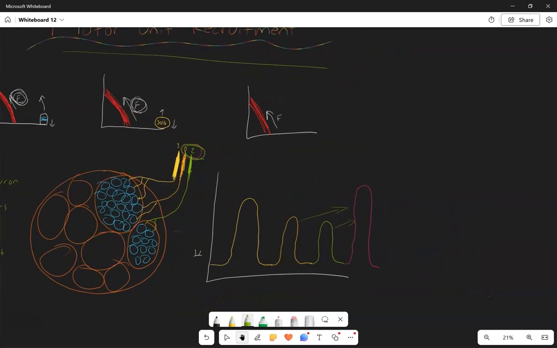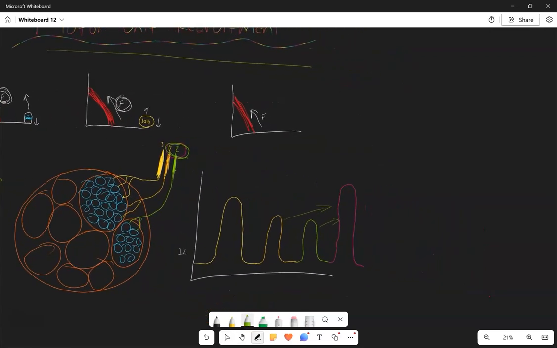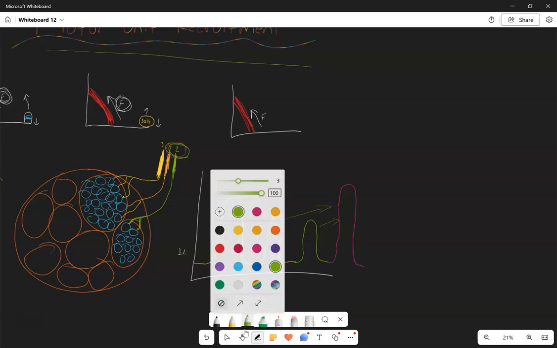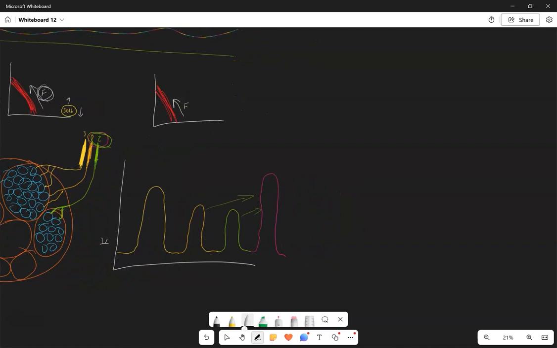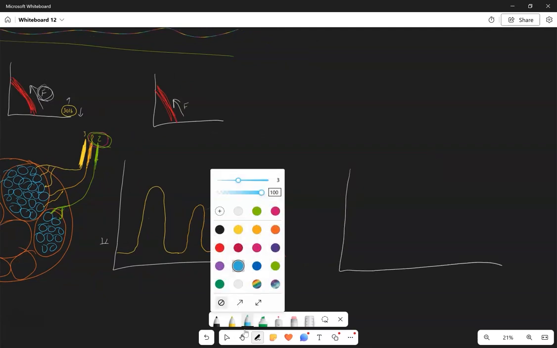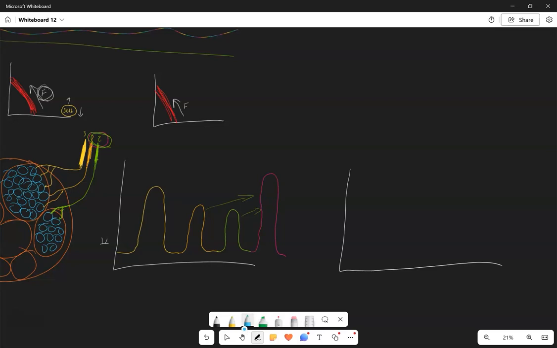Okay? Now, if we continuously contract each and every myofiber indefinitely, those myofibers are going to fatigue. So what actually happens is that, let's say you've got motor unit 1. It will fire like so. And then motor unit 2 will fire like this.